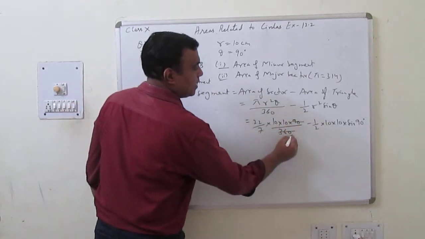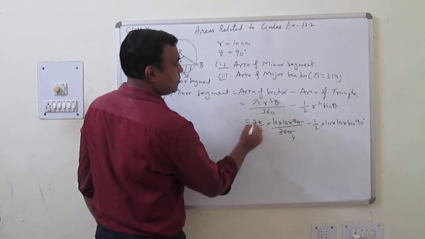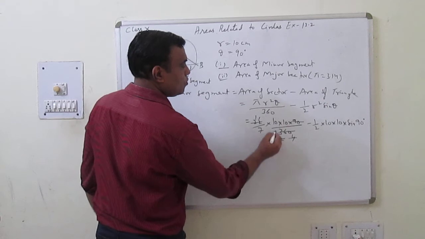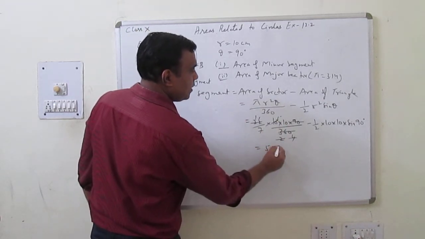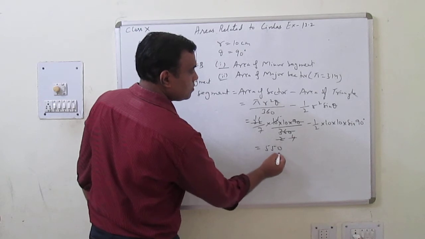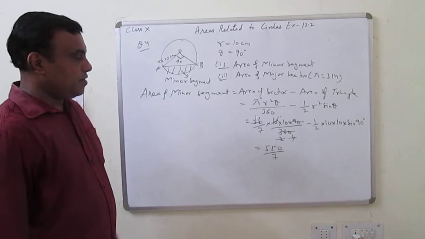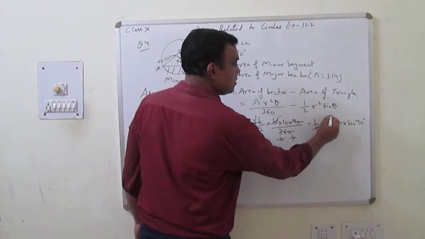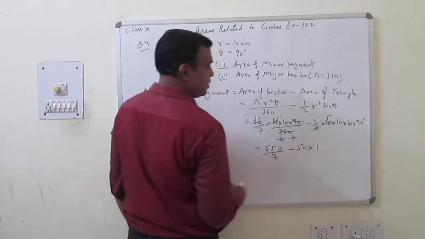This will cut 90 into 4. This again you will cut 11, 2, 5. So it is 550 upon 7. So if you do minus, cut this, 50 into sin 90 is 1.